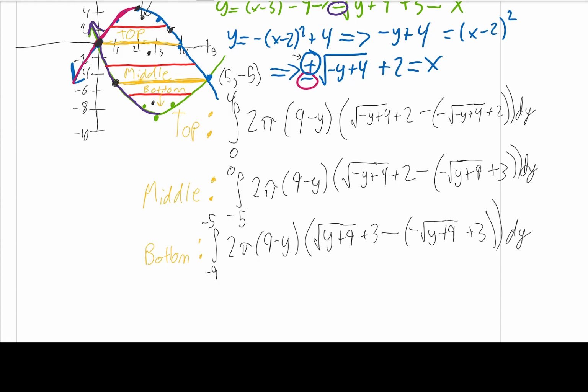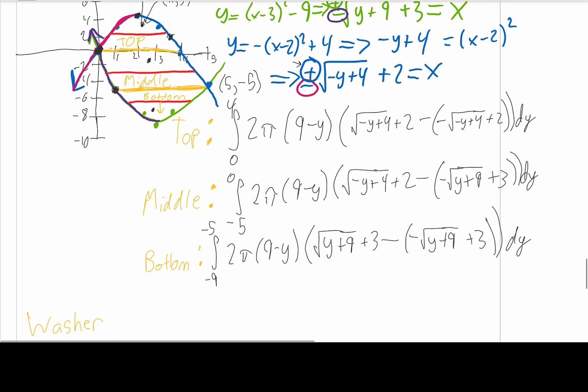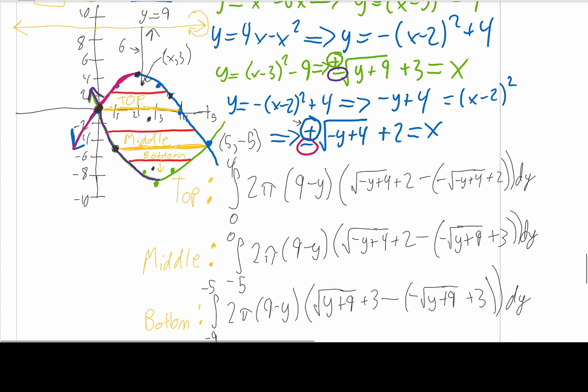So this is going to be the washer method. Now the washer method says that I'm going to take my cross section perpendicular to my axis of rotation. Well, my axis of rotation is horizontal, so a cross section, let's use the pretty color, looks like this.